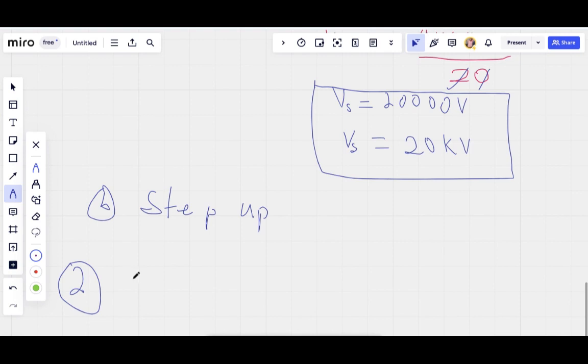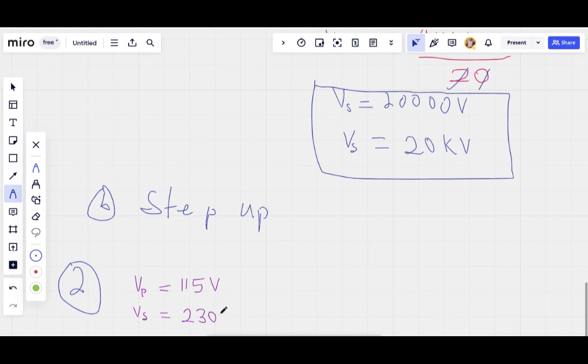A transformer steps up, so our VP is what? 115, right? 115 volts. And our VS is 230 volts.